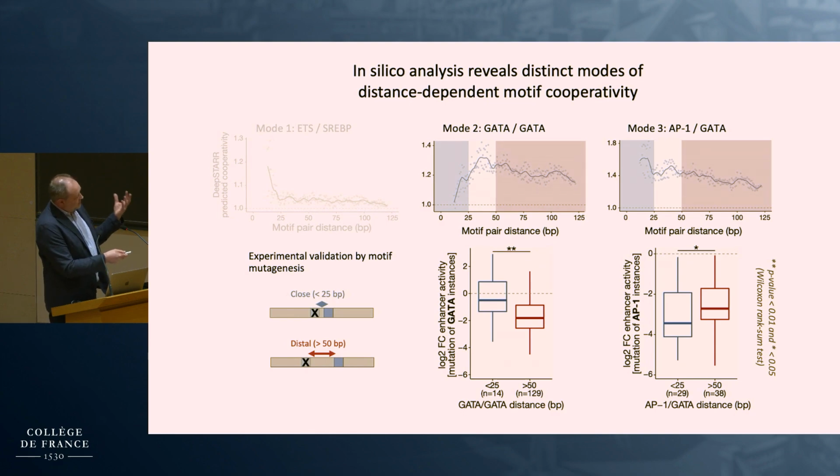And as expected from the prediction, mutating GATA motifs that were close led to a lower drop in activity, while mutating motifs that were more distal and thus exhibited synergy led to a higher drop in activity. And for AP1-GATA, where this behavior should be reversed, it was indeed reversed, with now the closer motifs leading to a stronger drop in activity.